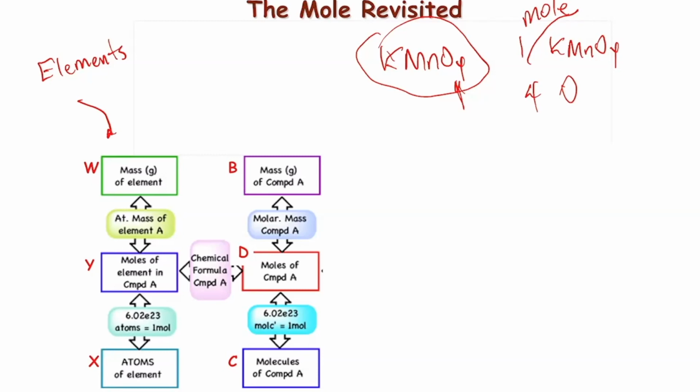So that's why the mole is so deceptive, because it represents either individual pieces like a chemical, a molecule, or the atoms in that piece. So we can make the conversion factor here: 1 mole of KMnO4 equals 4 moles of oxygen atoms.